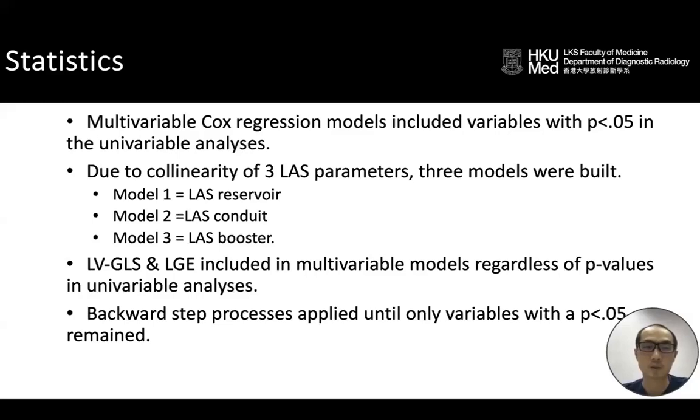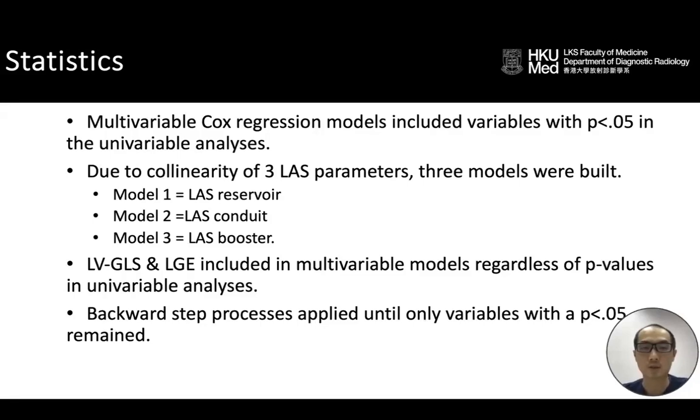We then performed multivariable Cox regression modeling and only selected the variables with p-values less than 0.05, except for certain variables like LVGLS and LGE, which we put into the models regardless, because we wanted to know what the significance was.